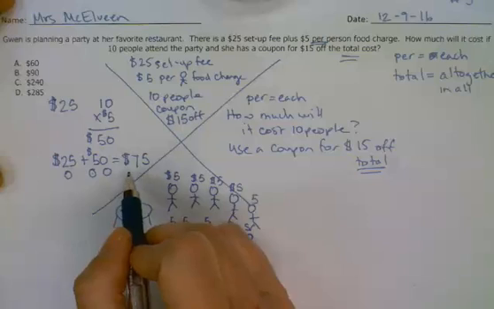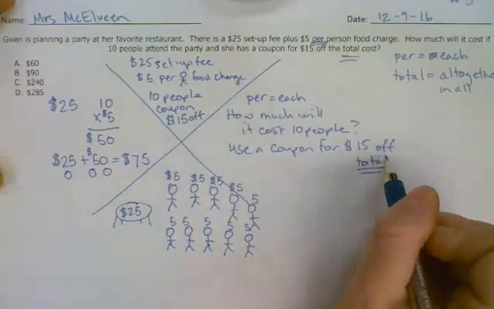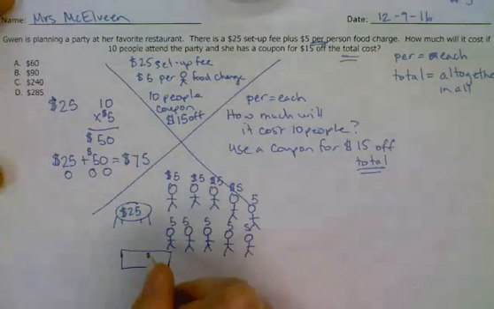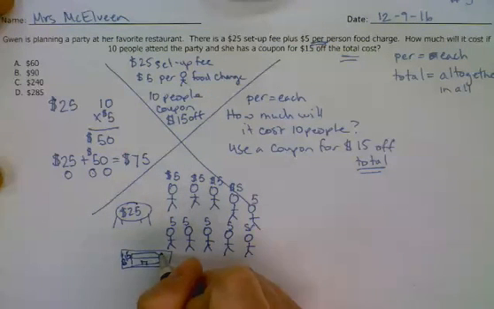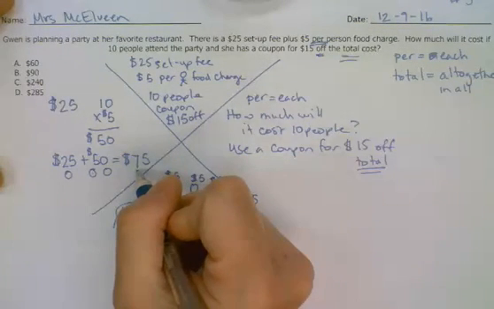But she has a coupon for $15 off the total. I forgot to put that in my picture. She's got a coupon. This is the restaurant. That's worth $15 off. That means I'm taking it out of how much she had to pay.